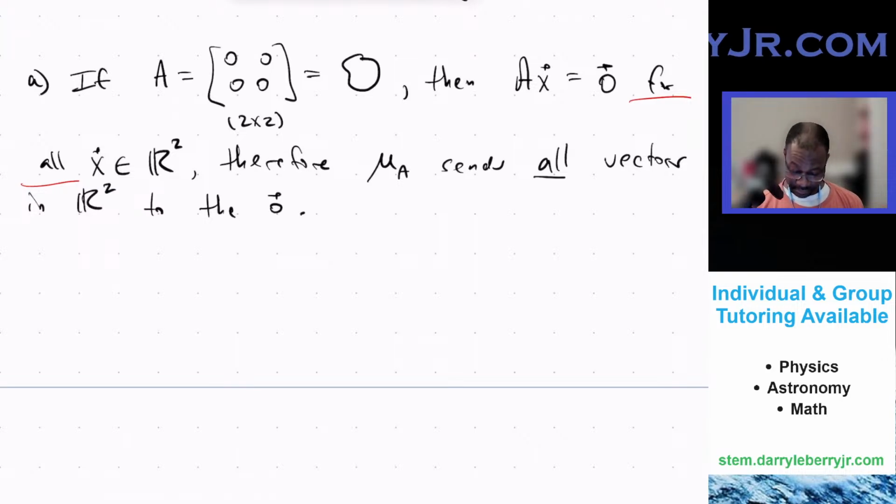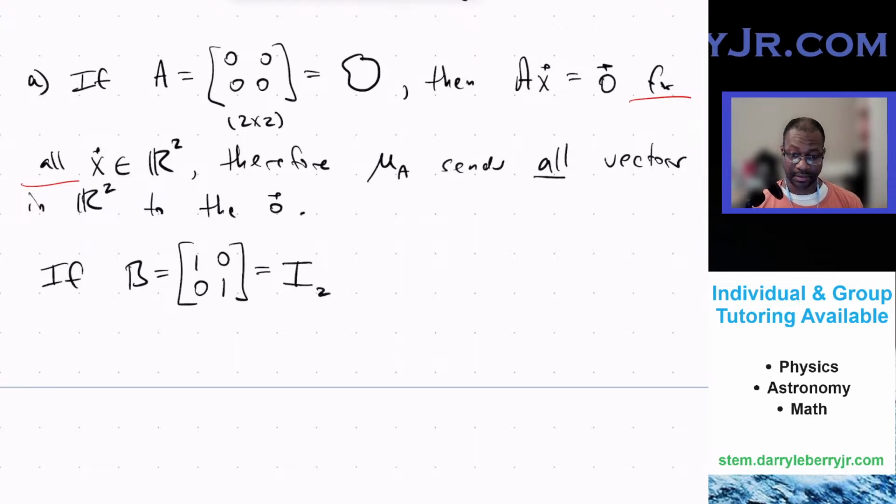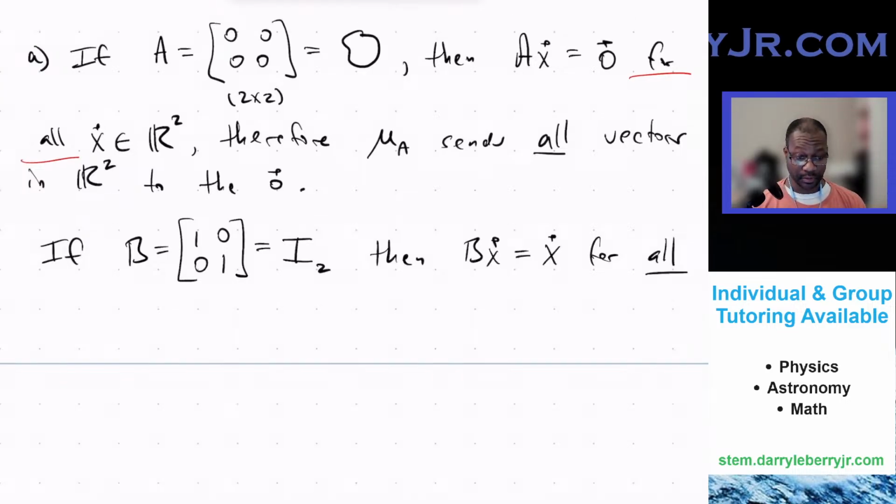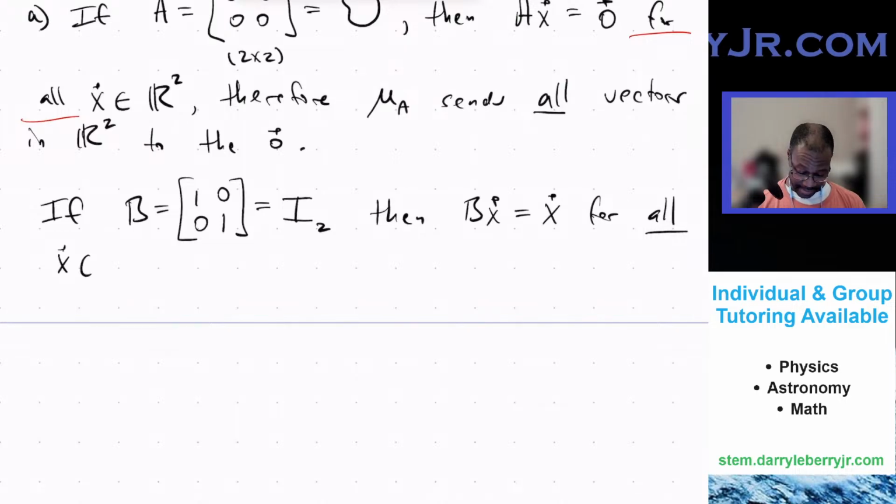And it also says if the B matrix is 1, 0, 0, 1, so that's the identity matrix in the second dimension, then Bx equals X for all vectors x that are in the second dimension.